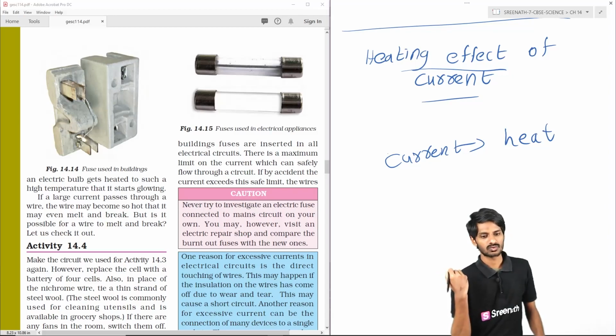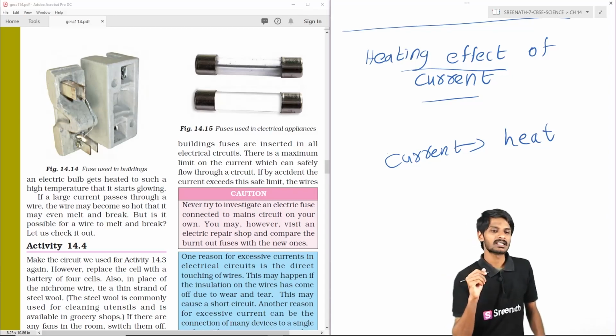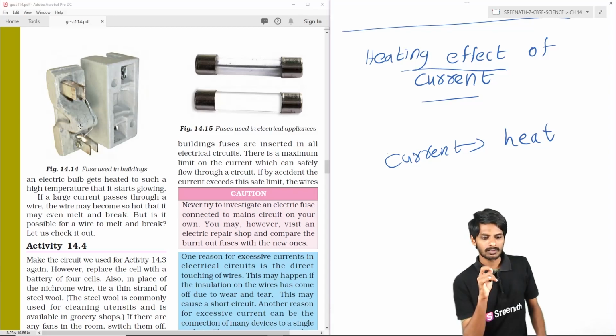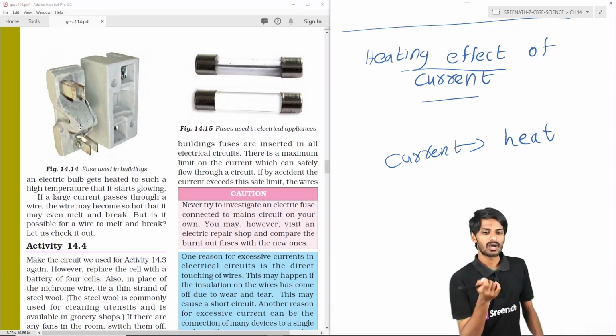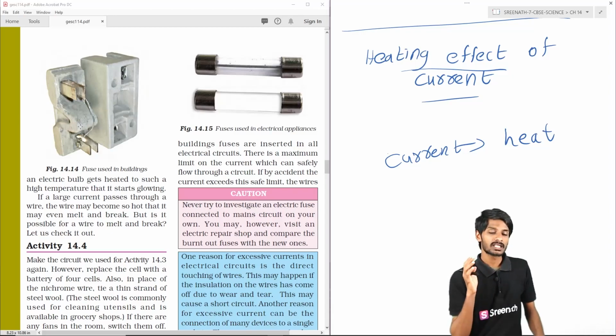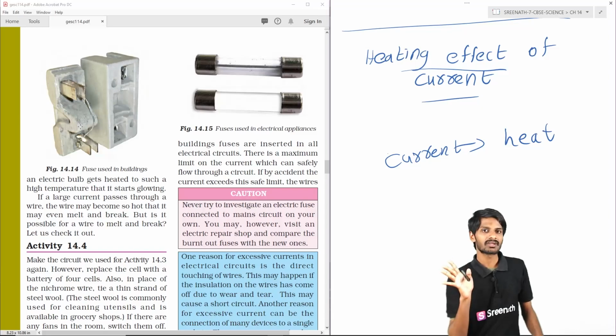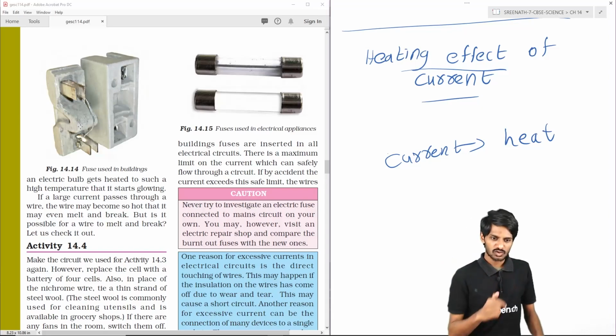If there is any high current, the fuse will break. Here we place a very thin copper wire, so that if there is a large heating effect inside the building, the current first has to travel through this fuse.